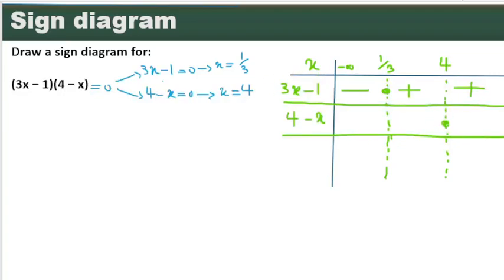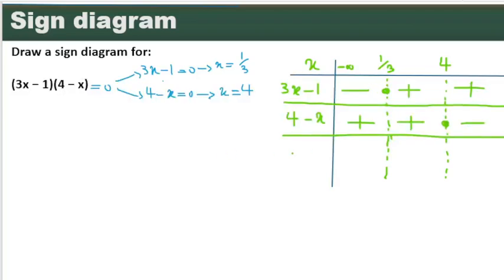For the second expression, 4 is my critical point. Less than the critical point, I look at the sign of the coefficient of x and put the opposite sign. Here the sign of x is negative, so the opposite would be positive. And larger than the critical point, I have the same sign as the coefficient of x, which is negative.